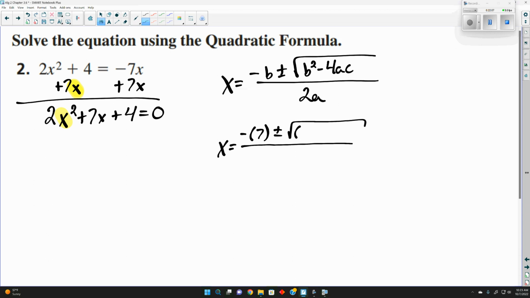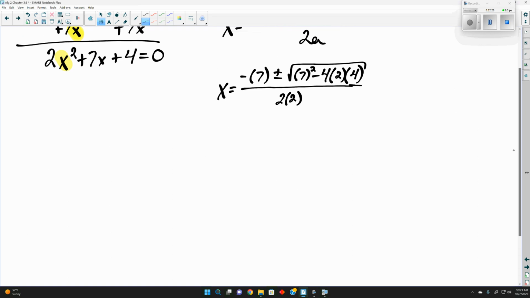Plus or minus the square root of, so b squared would be 7 squared, minus 4 times a, and a in this case is 2, times c, which is 4. All over 2a, or 2 times 2. And once we get the values of a, b, and c plugged into our formula, we just need to simplify. So our first spot is negative, parentheses 7, close parentheses, which is just going to be negative 7. The denominator, 2 times 2 is 4.